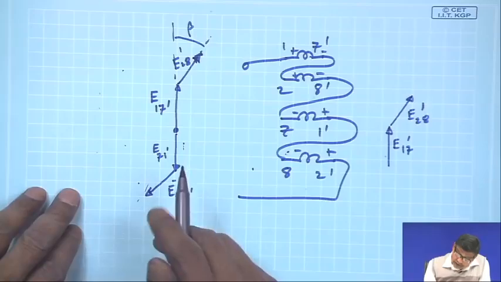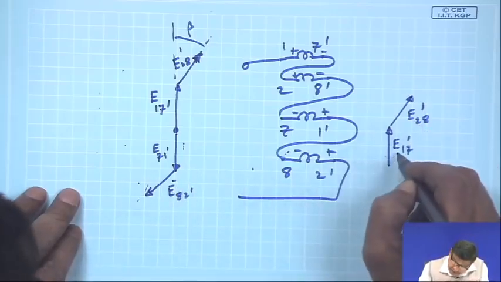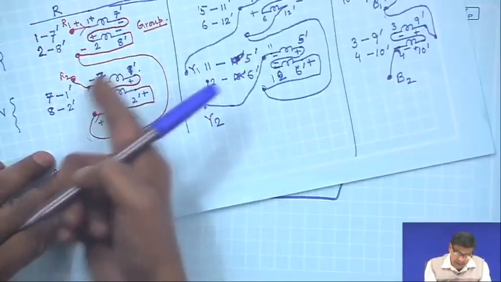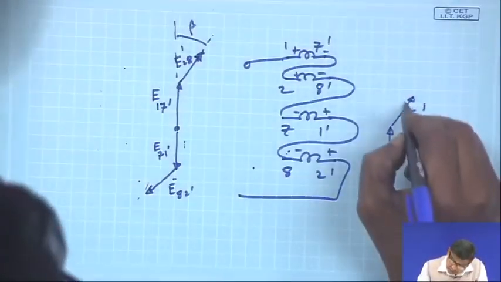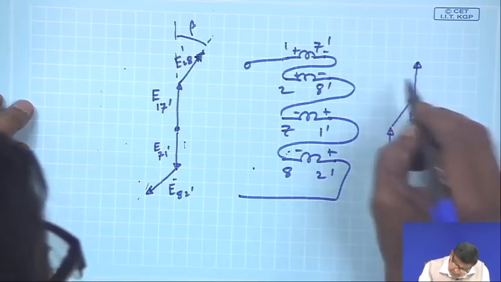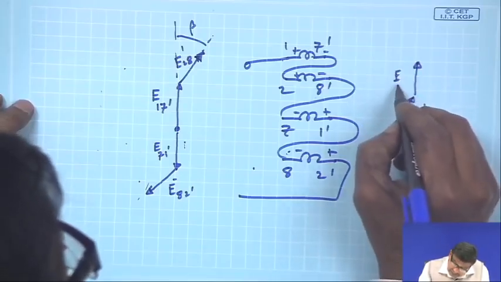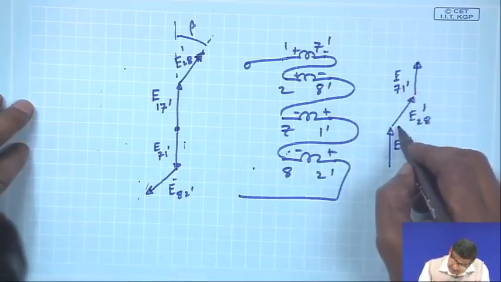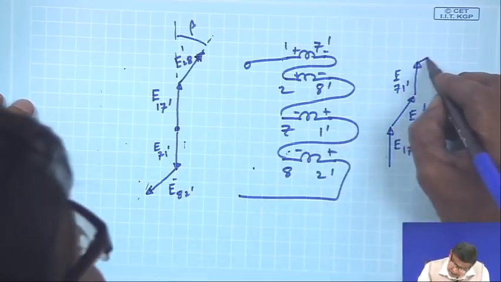Then what you do is this, you take the negative of E17 dash, that is what exactly we have done, we have reversed the connection. So, then this voltage is E71 dash and then take E82 dash.